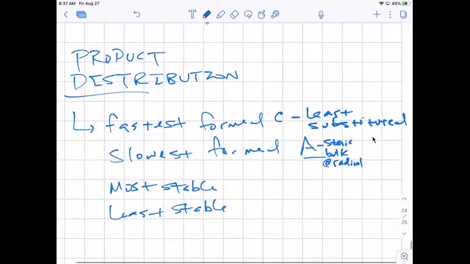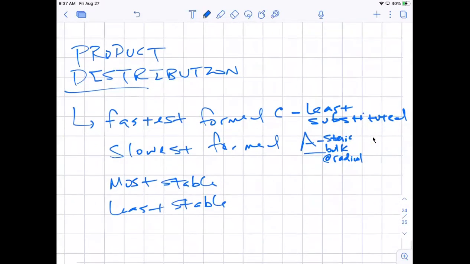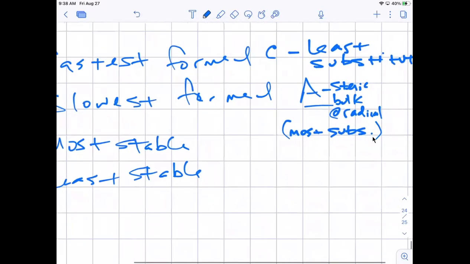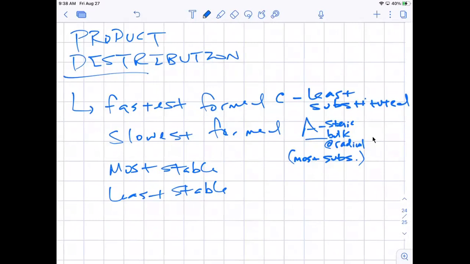C is the least substituted. A is the most substituted. I'm going to put that in here in parentheses because that's the boiled down terminology that we can use. And then most stable and least stable, that's going to be based on the double bond itself.